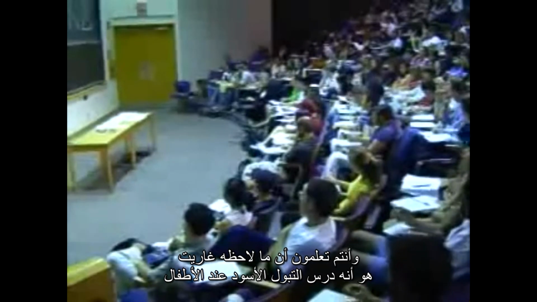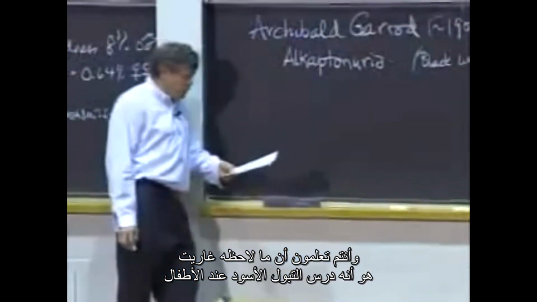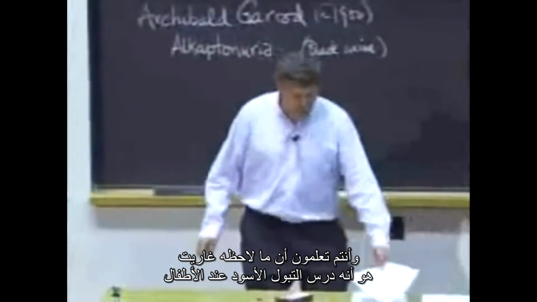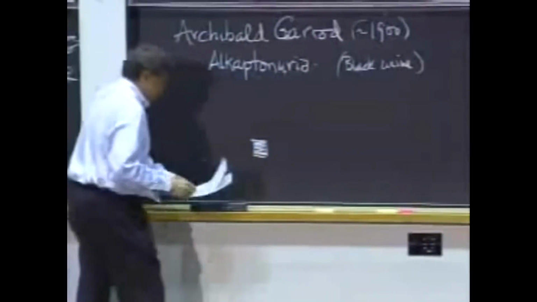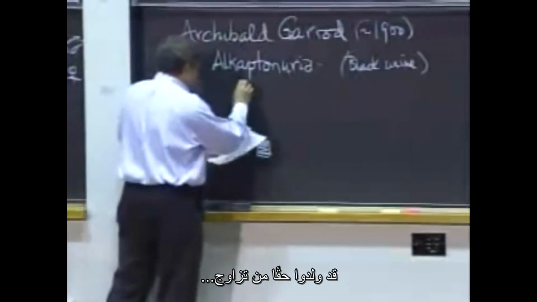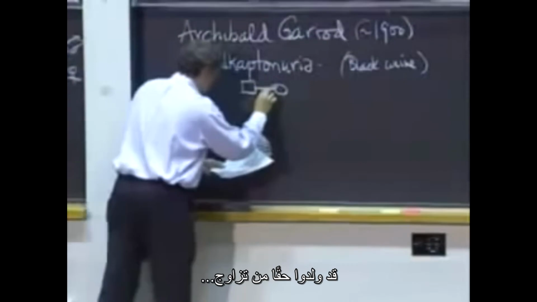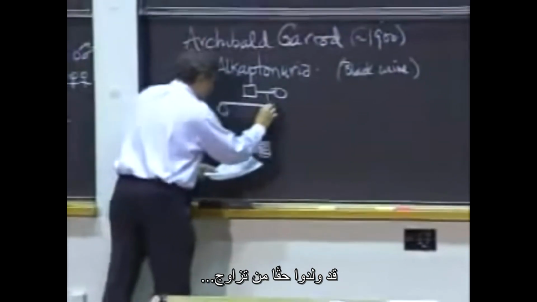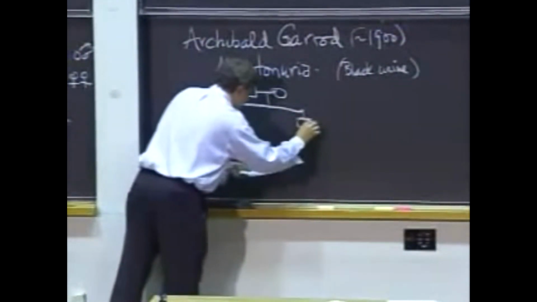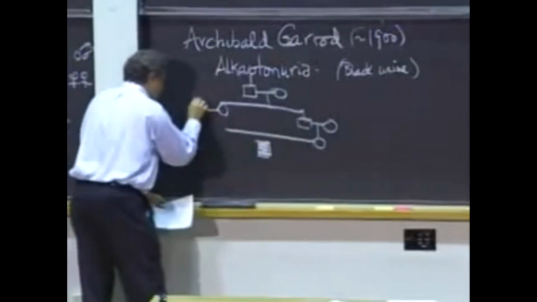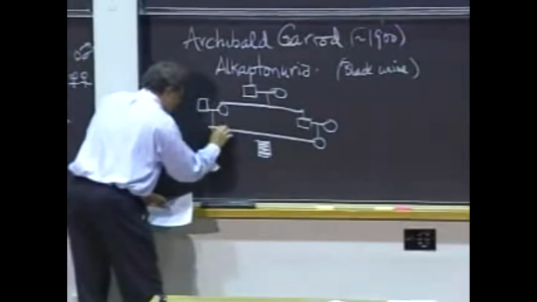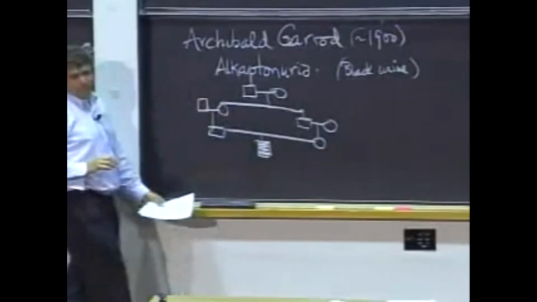So he observed this, and you know what Garrett noticed is when he studied children with alkoptonuria, he found that a very large fraction of affected offspring were in fact produced from matings of first cousins.